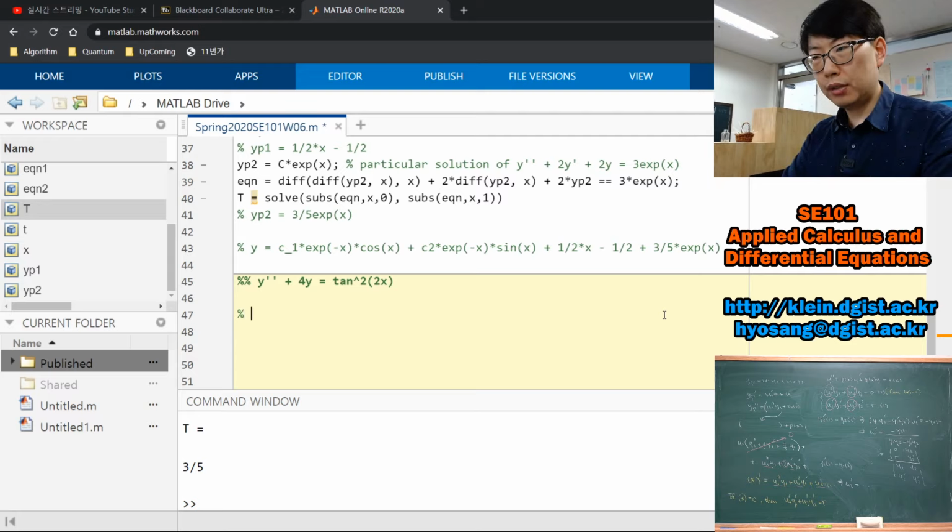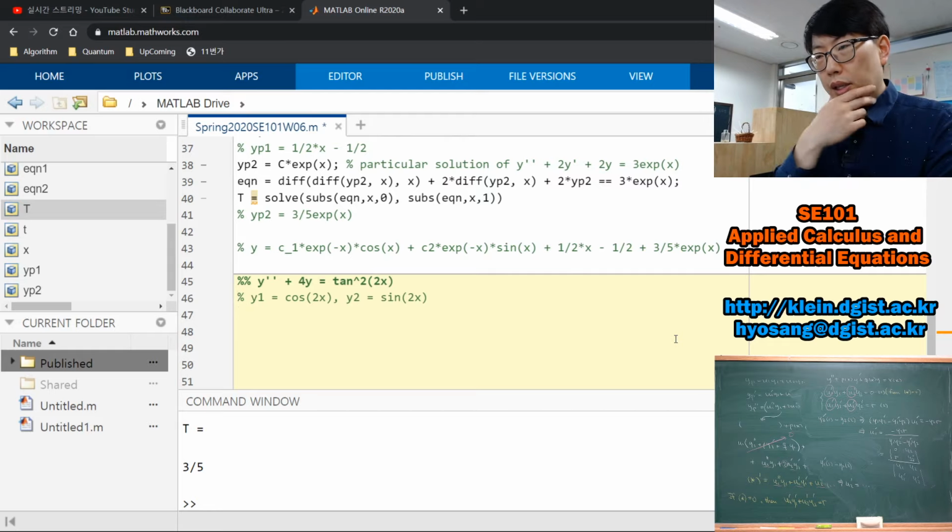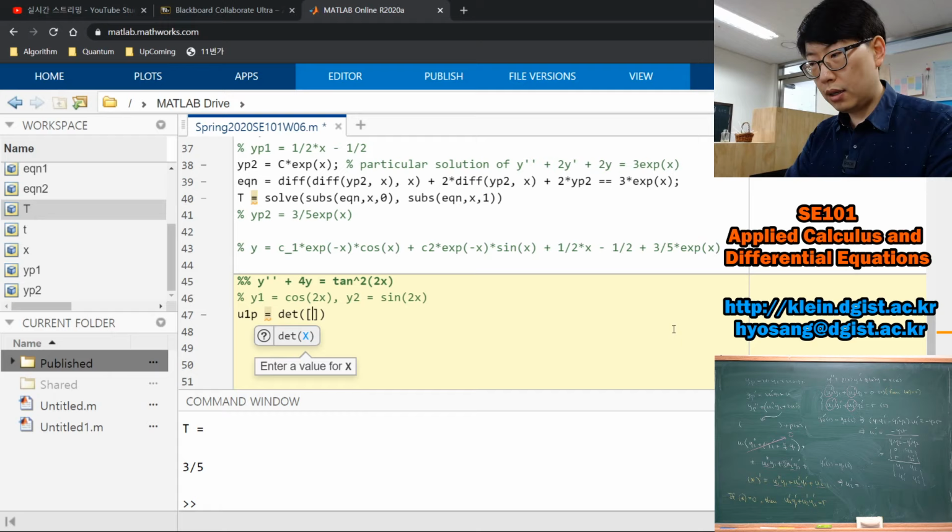First, we know that the complementary solution is cosine 2x and sine 2x. And I want to find u1 prime, and let's say u1p is the determinant of 0, y1.